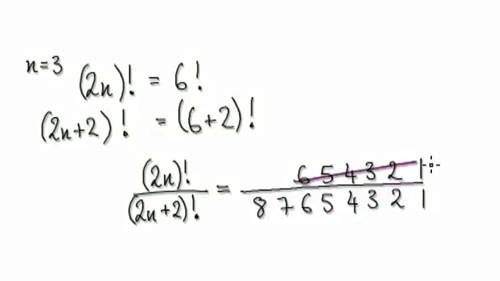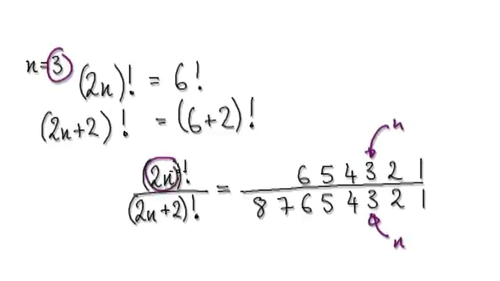You can see that these would cancel out, leaving you with just these two terms. Remember, n is 3, so this is our n here. (2n)! would be all these here, and (2n+2)! would be all these here. But don't forget, this is our n, and this is our n.